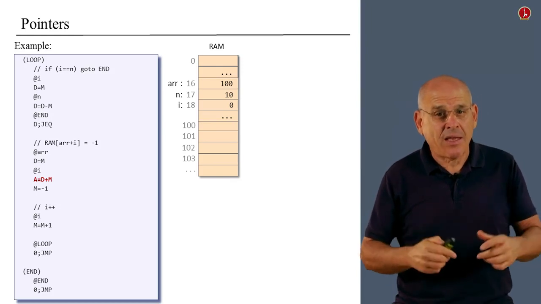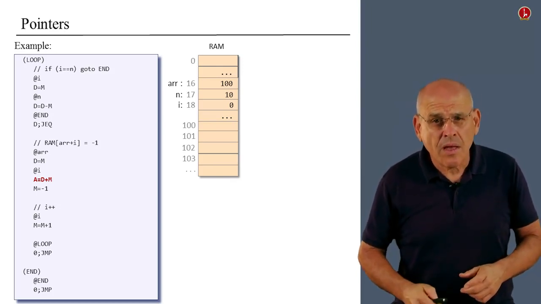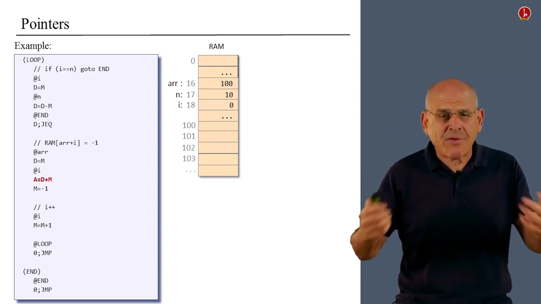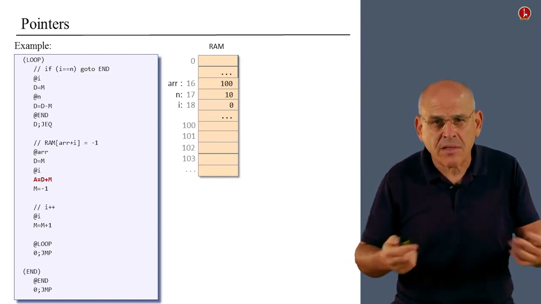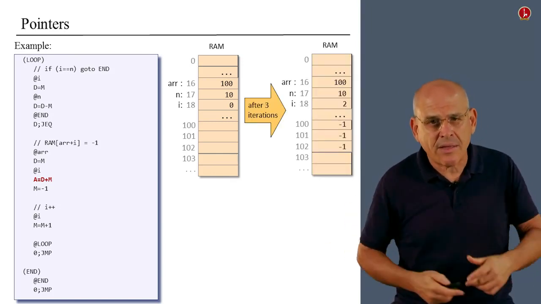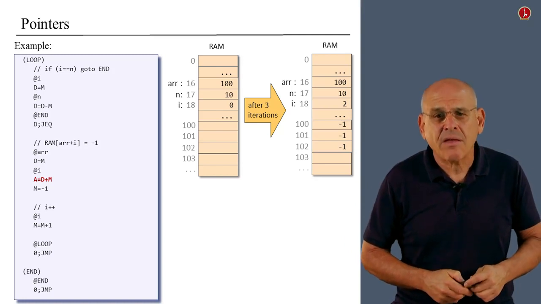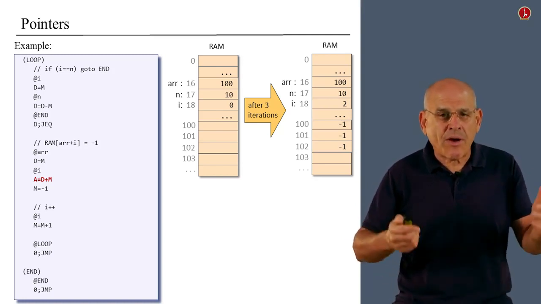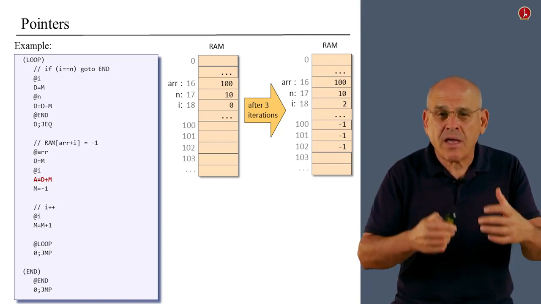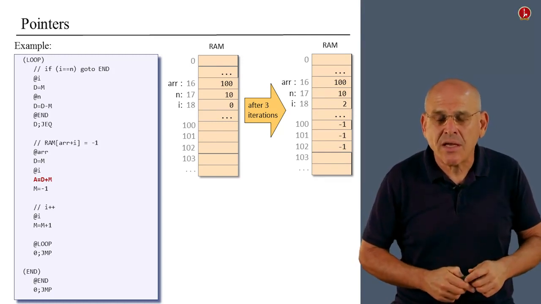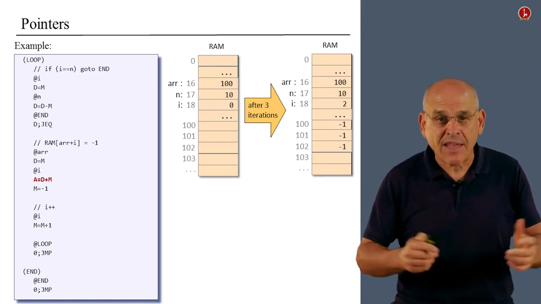And that's exactly what we want to do. So after we run so many iterations, we'll get the desired effect. And as usual, we recommend that you stop the video and convince yourself that this is actually working as advertised.